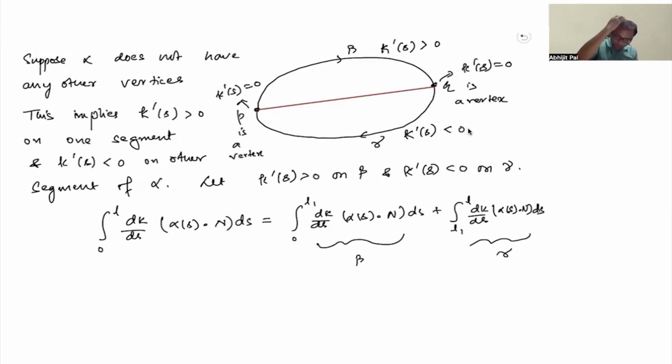Okay. All right. So now note that this is my unit vector over here. So alpha s dot n is greater than 0 on beta and alpha s dot product with n is less than 0 on gamma. Okay.